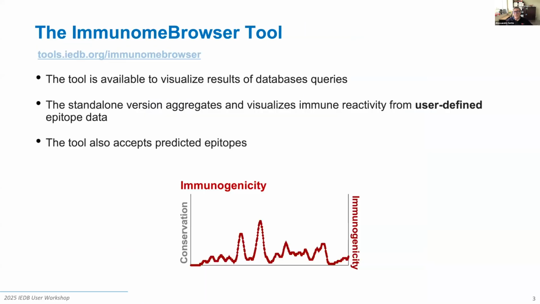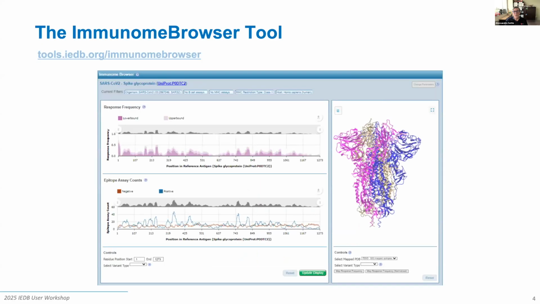In this case, you can have your own data in the standalone, and you can have your own immunogenicity study that you want to combine, or you want to do a study with predicted epitopes or whatever. And this is visualized pretty much the same way the immunobrowser tool operates from the main website if you run a query, with the same type of outputs.